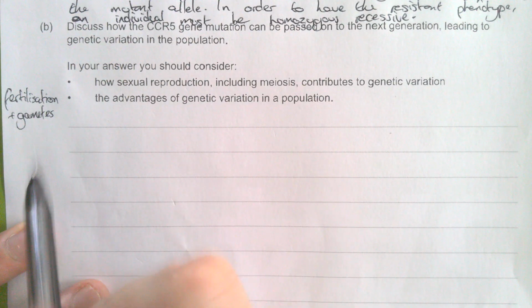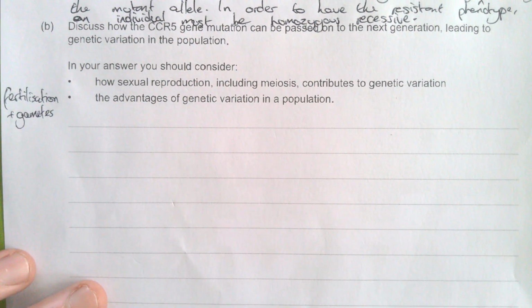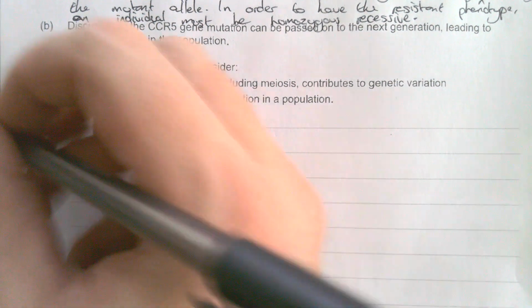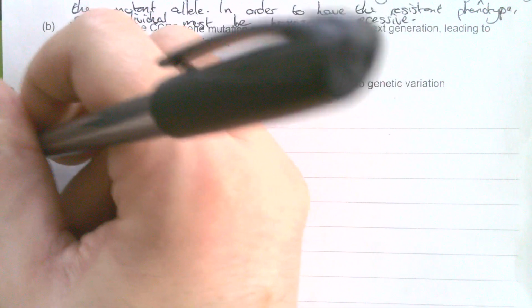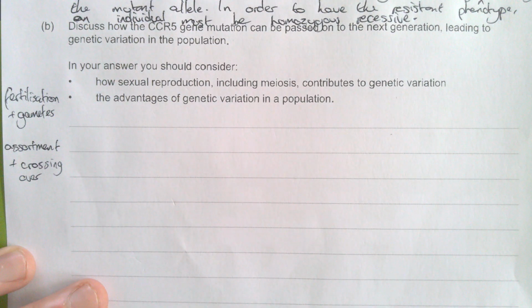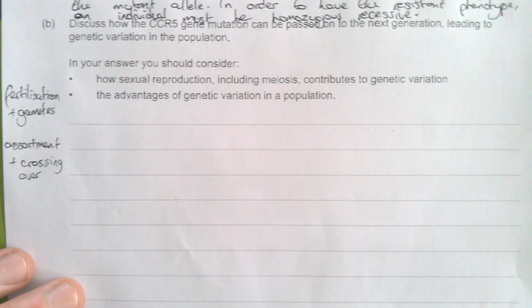I need to make sure I discuss that part as part of my fertilization. The sexual reproduction, also including meiosis. We could then talk about our sources of variation, such as independent assortment, plus crossing over. Leading to genetic variation.